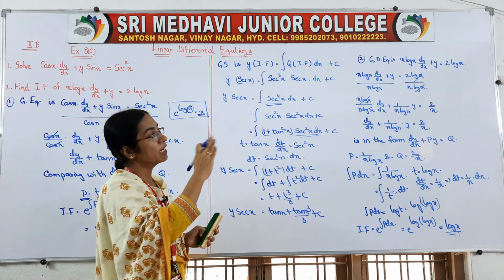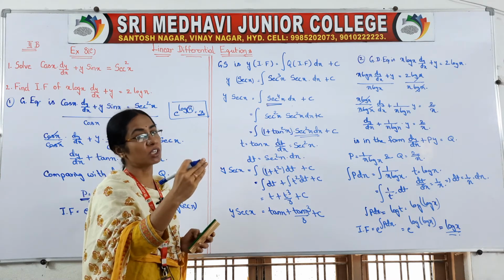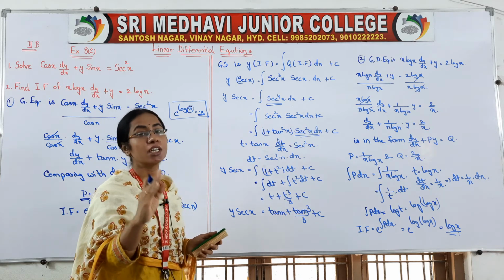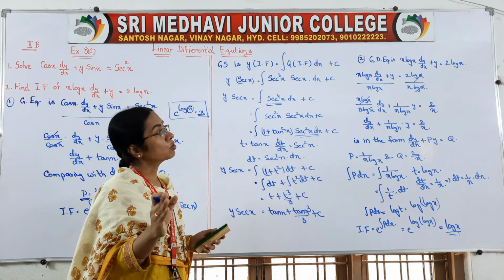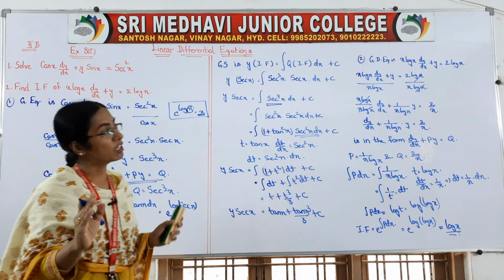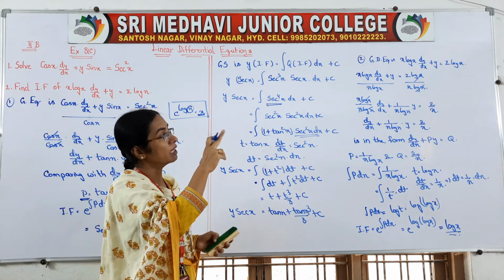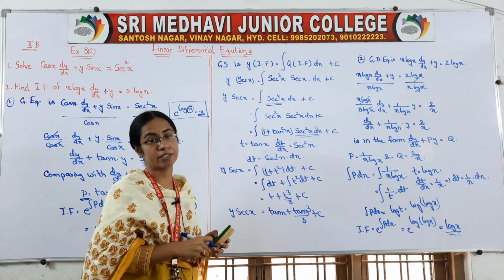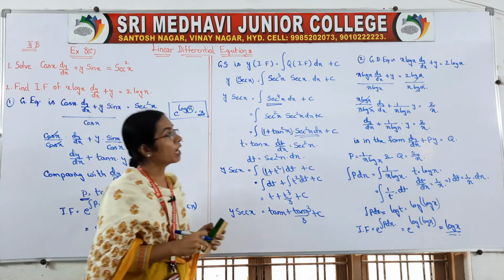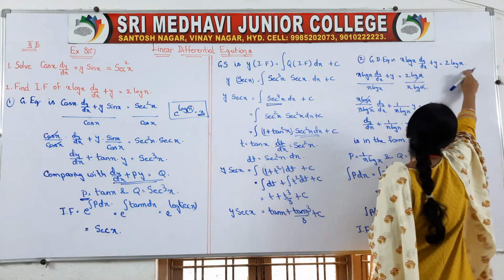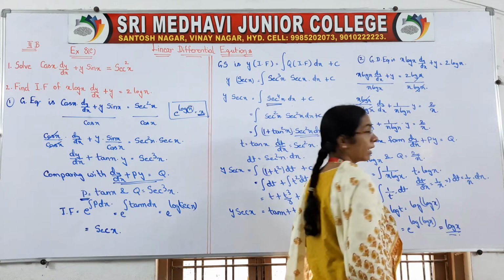Along with dy by dx, if we have two more terms, it belongs to a linear differential equation. In a linear differential equation only dy by dx should be there, but here it is x log x. So we have to divide the entire equation, both sides, by x log x.